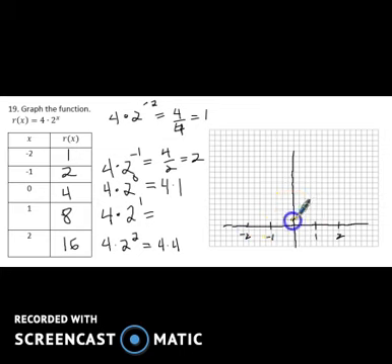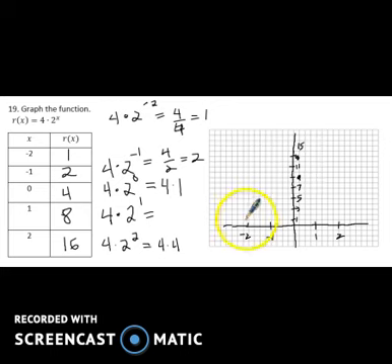And we're going to go up by 1 here. 1, so that's a 1, 2, 3, 4, 5, 6, 7, 8, 9, 10, 11, 12, 13, 14, 15, and 16 is one up. All right, so I got enough spots to graph.